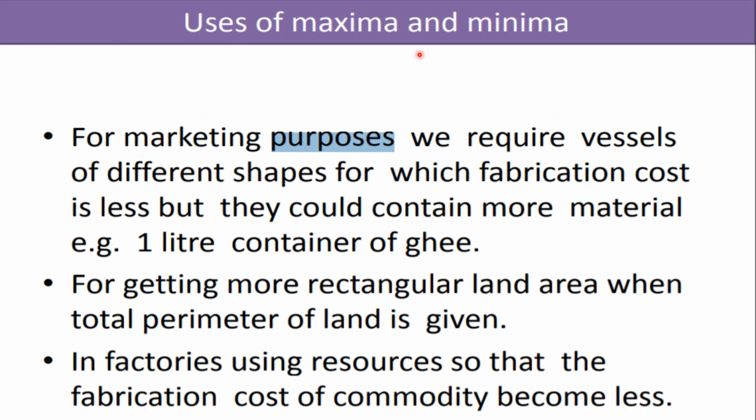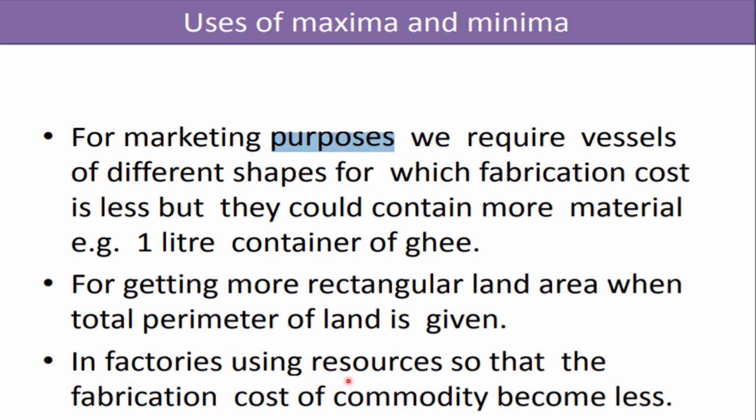Now these are all the uses of maxima and minima. For marketing purposes, we require vessels of different shapes for which fabrication cost is less, but they could contain more material. Example, a 1 liter container of ghee. Okay, my dear children, we use the concept of maxima and minima in practical applications for getting more rectangular land area when the total perimeter of land is given.